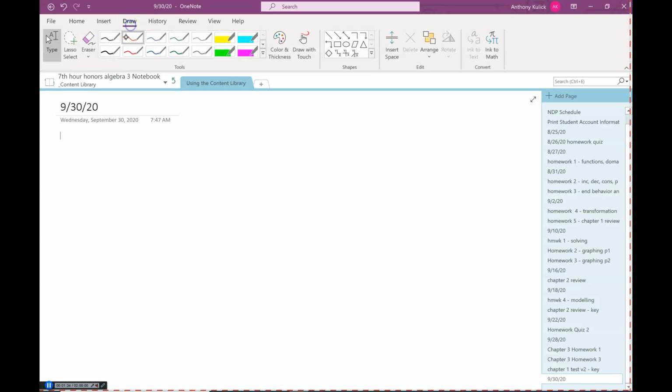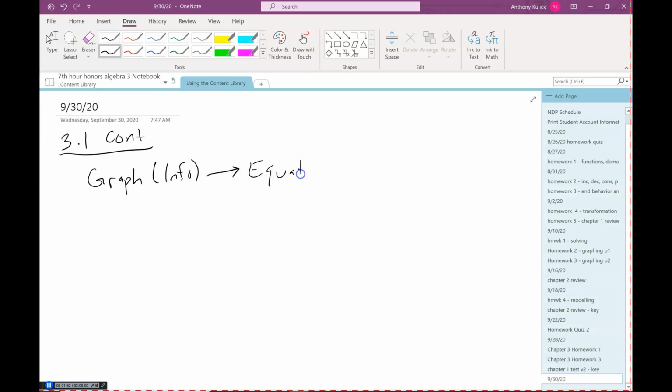So today we're still in section 3.1, and the idea here is we're going to go from a graph, or information about the graph, back to the equation. So this is what we're going to do today.